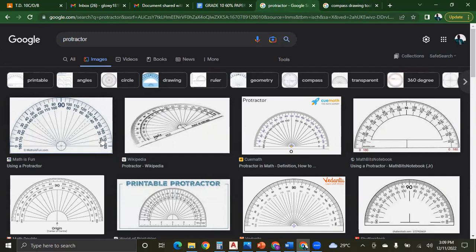Each of these darker lines represents 5 degrees: 0, 5, 10, 15, 20 going around, and the smaller ones represent 1 degree. It's quicker, way quicker, and also accurate for drawing angles that do not have any traditional construction methods, so any number that is not divisible by 5.